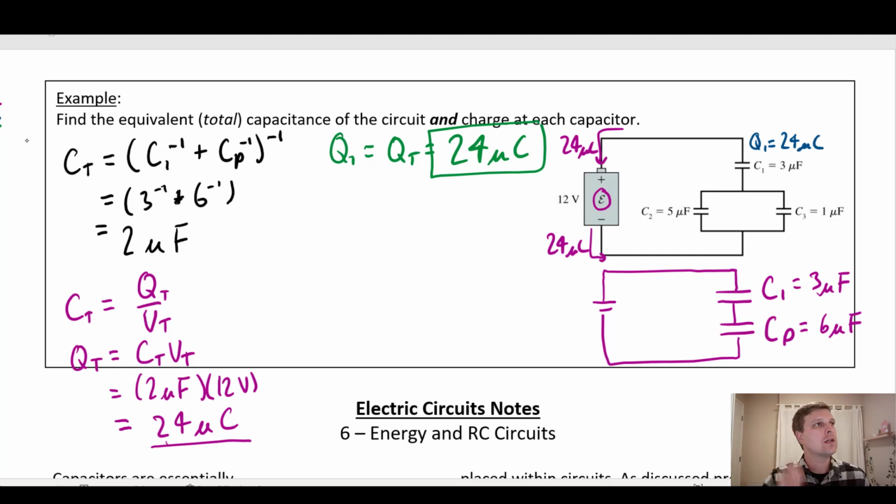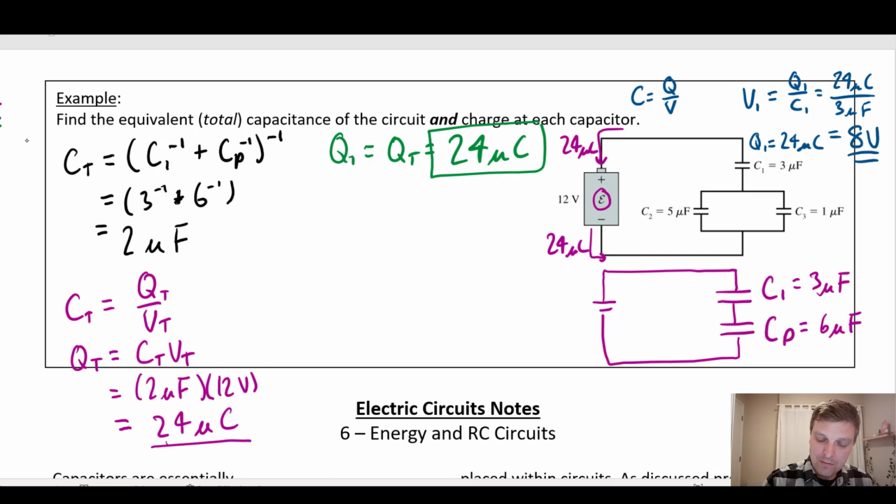Just like we saw when solving circuits, if I know two things about that capacitor, I can find the third thing. Since capacitance equals charge over voltage, the voltage V1 is going to equal the charge divided by the capacitance. So that's 24 microcoulombs divided by 3 microfarads, which means this capacitor is going to use 8 volts.